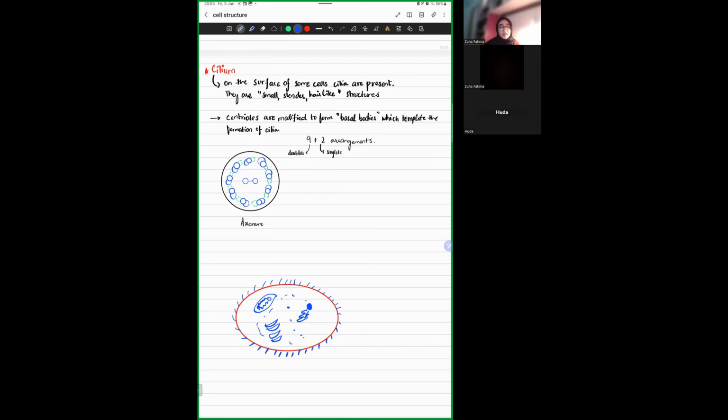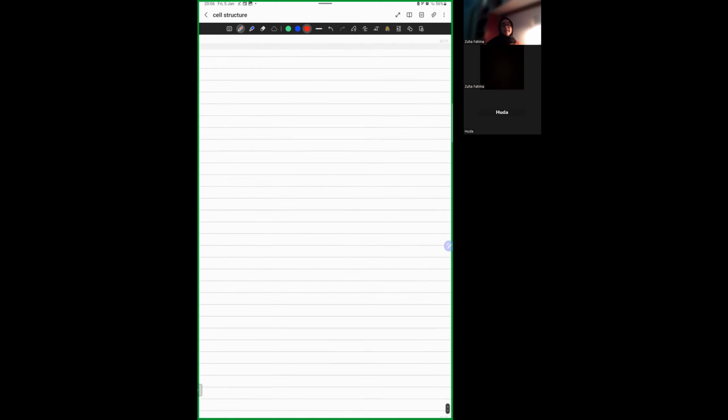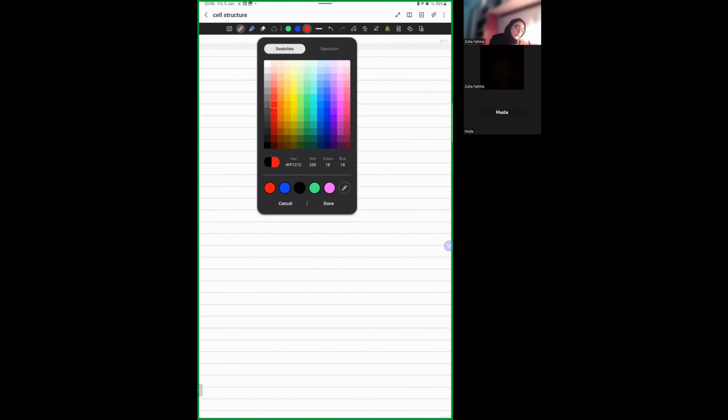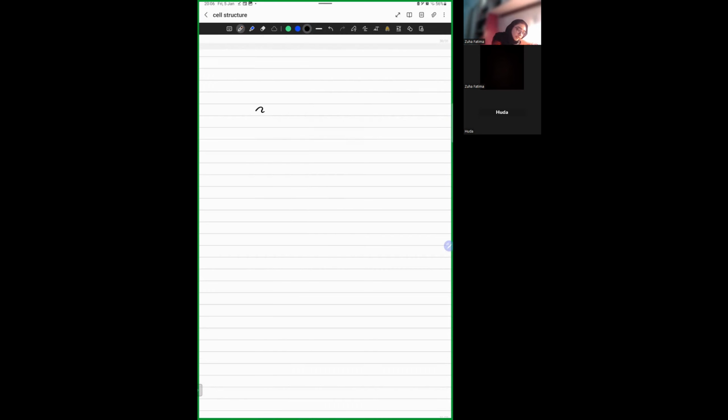All of this is a cell, and on the surface of the cell, what is present? Cilia are present. Okay. And can I say that this is basically my cell surface membrane? This is my cell surface membrane. This is our cell membrane.